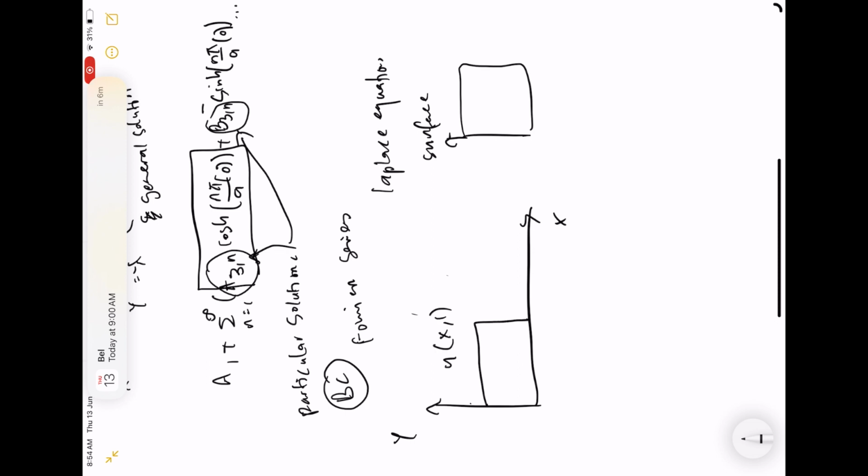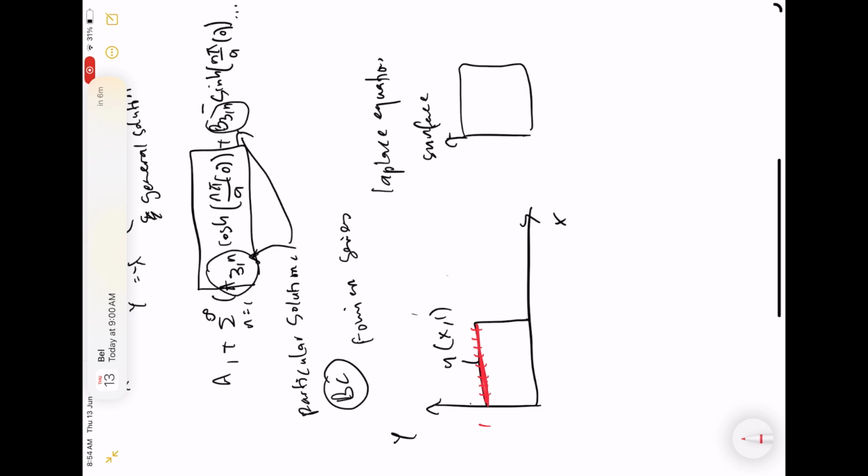So when you see this line, this line is u(x,1). So x is the variable. So this is along the x-axis, but at the point of y equal to 1. We call this u(x,1), the boundary condition.